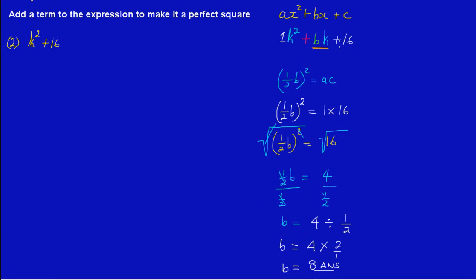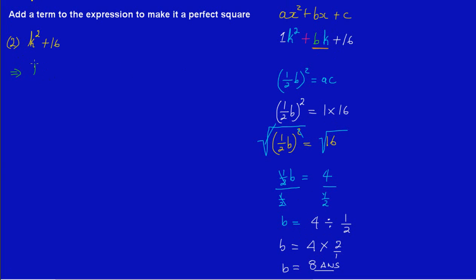Now when I come back to the original, I need to put in the middle term. Since I've found the coefficient of k, which is b, I can rewrite this by adding the middle term that was missing.